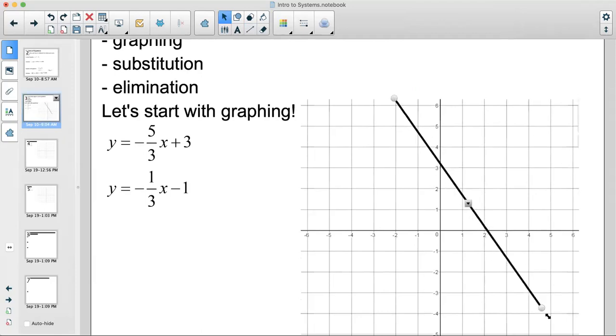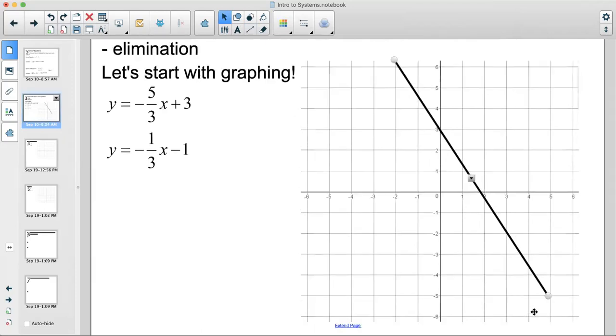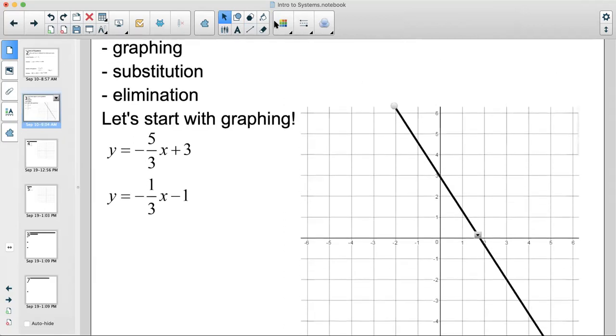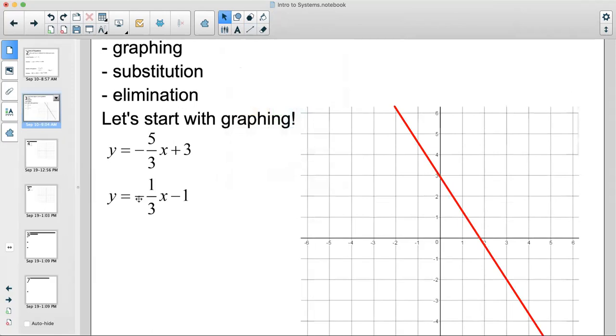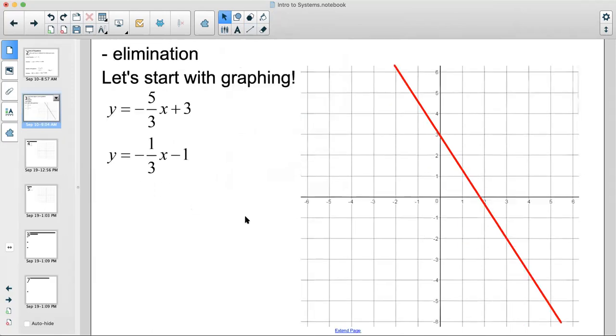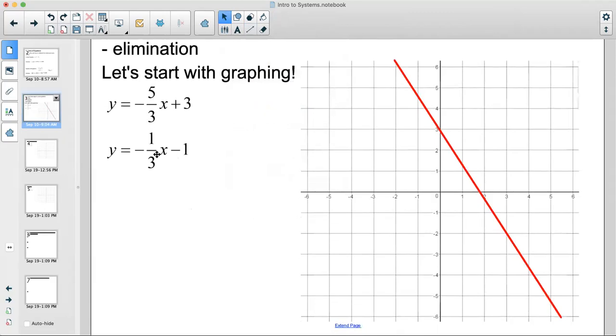So this first one is going to look something like this: down 5 and over 3. Let's say that's the red one. And then the blue one has a y-intercept of -1 and a slope of -1/3.